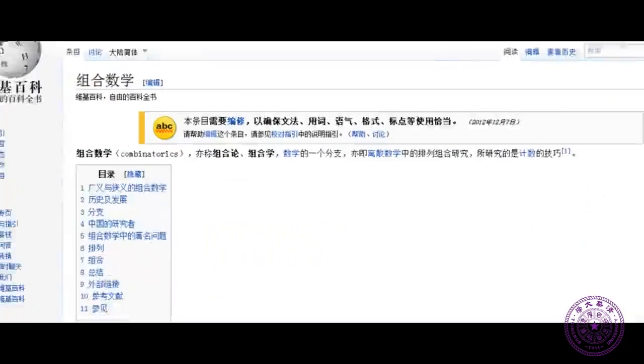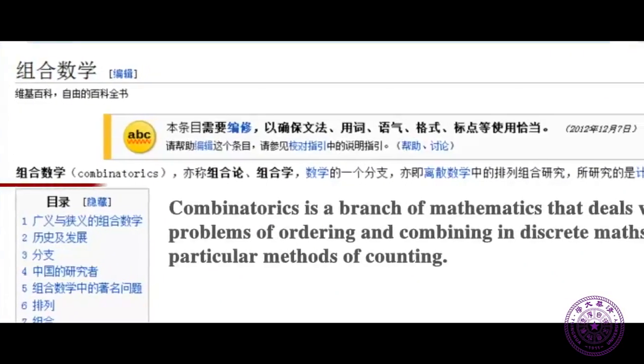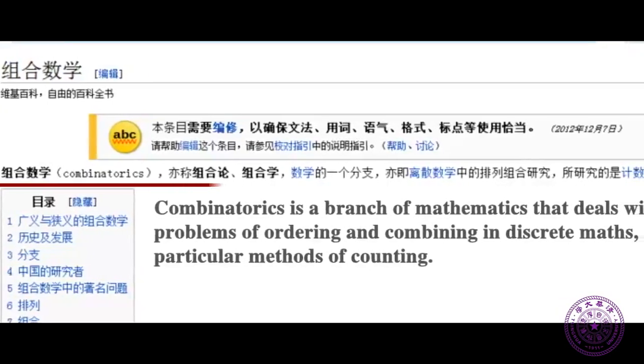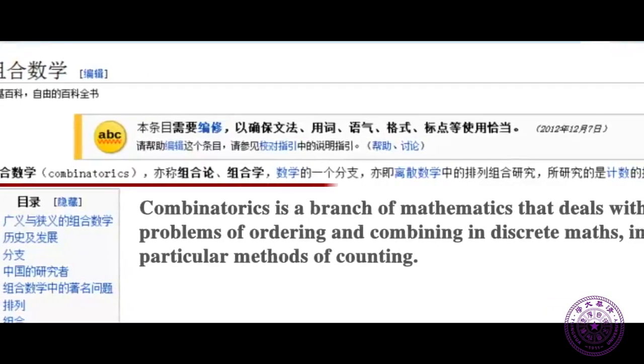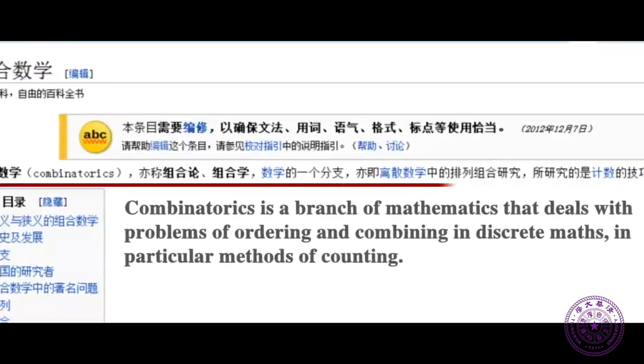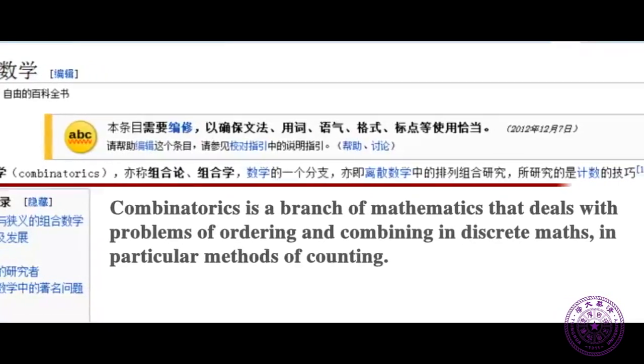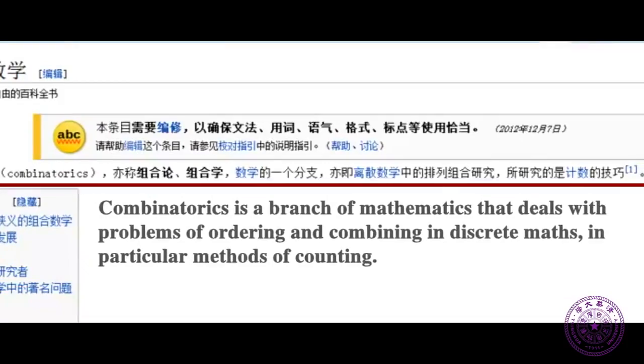The definition on Wikipedia is as follows. Combinatorics is a branch of mathematics. Right, so it's a branch of math that deals with problems of ordering and combining in discrete math, in particular methods of counting. In fact, the main application of combinatorics is for counting.